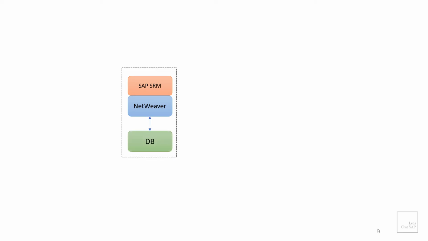It can run on multiple databases such as Microsoft's SQL Server, Oracle, IBM's DB2, MaxDB, and also SAP's in-memory database HANA. End of mainstream maintenance or end of support for SAP SRM 7.0 is 31st December 2027. After that, SAP recommends its customers to transition towards its cloud application called SAP Ariba.